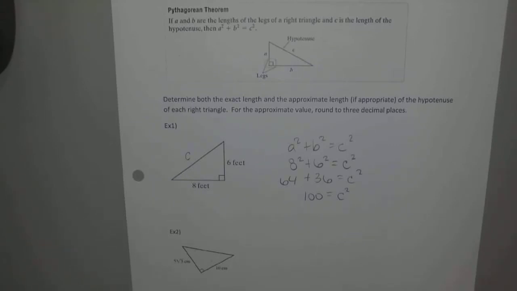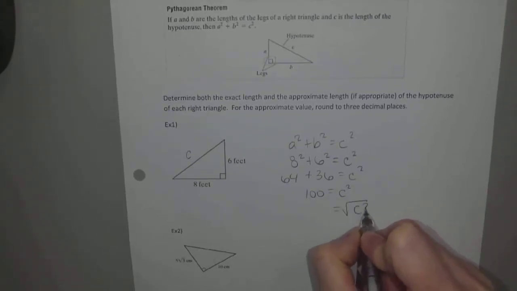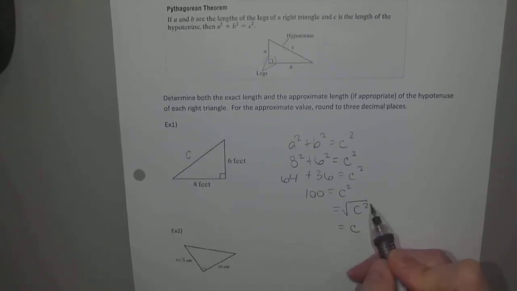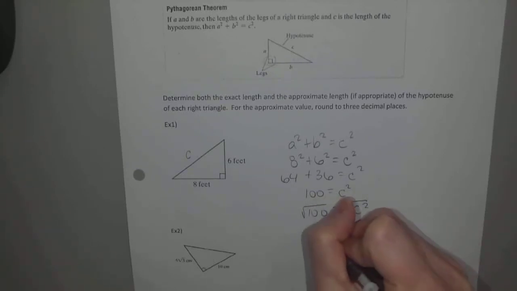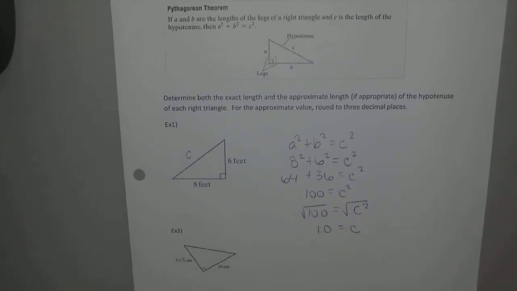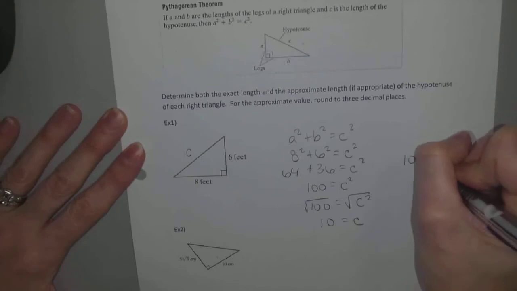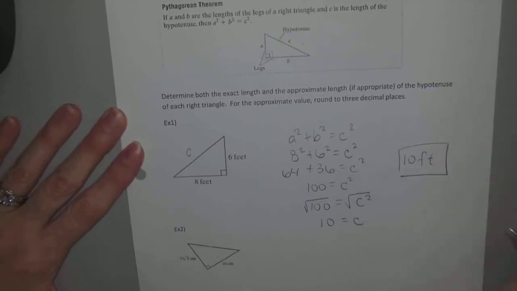So if we want to get C by itself, we're going to take the square root so C pops out, right? We have a pair of C's that can pop out. But if we're going to take the square root on the right, we've got to take the square root of the left. And so what's the square root of 100? 10. Key thing with these, a lot of them have either a word problem or even with the triangles, they're labeled. So the answer is actually 10 feet.